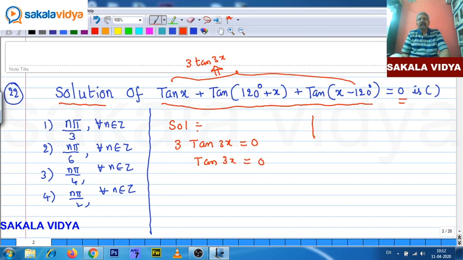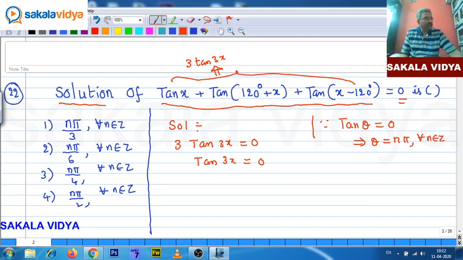We have one formula, already we had a discussion, but let me repeat once again. Tan theta is equal to 0 implies theta is equal to n pi for every n belongs to Z. So directly we can write the general solution: 3x is equal to n pi.